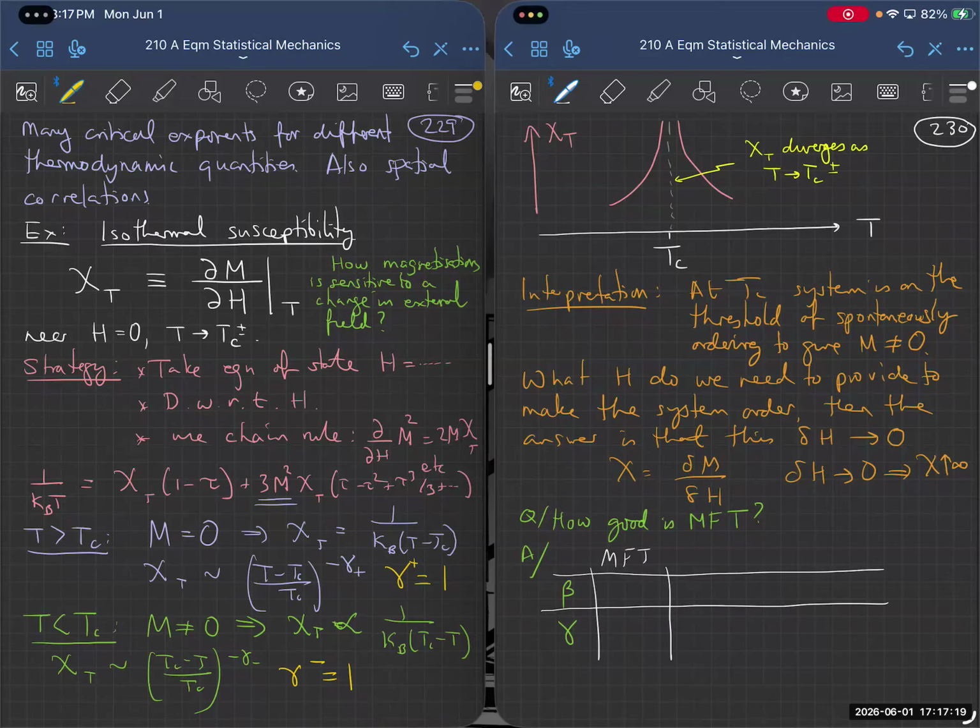That's the thing that we just calculated. Then I'm going to show you what is the exact result from Onsager. So Onsager was a genius, and he figured out how to solve the interacting problem in 2D exactly. Okay, and how he did it is amazing, and I'm not going to show you, but then I'm going to show you the result, and then I'm going to show you the result for three dimensions.